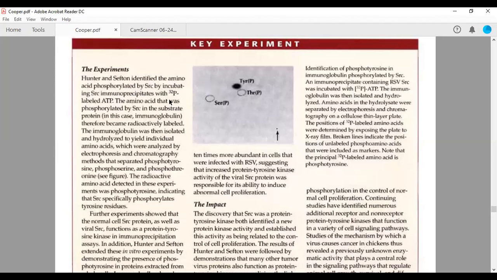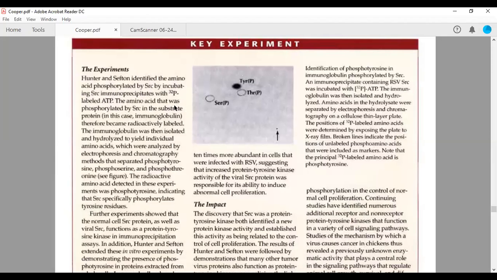So this is P32 labeled ATP. If the ATP is radiolabeled, the kinase will transfer the gamma phosphate from this ATP so that the tyrosine will be phosphorylated.